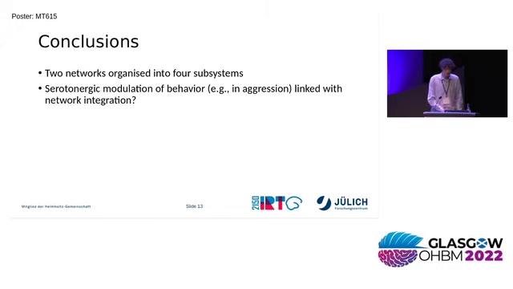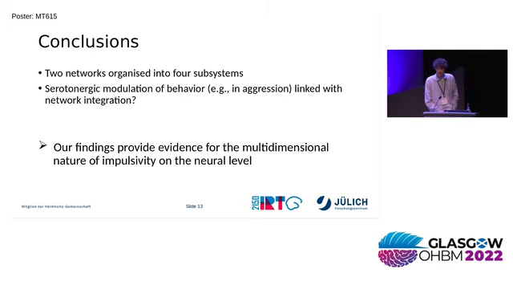Our preliminary, more explorative results suggest that a serotonergic modulation of behavior might be related to integration in this network. And so our findings recapitulate the insights from behavioral research that impulsivity might be a multidimensional construct, as well as here we observe that on the neural level as well.